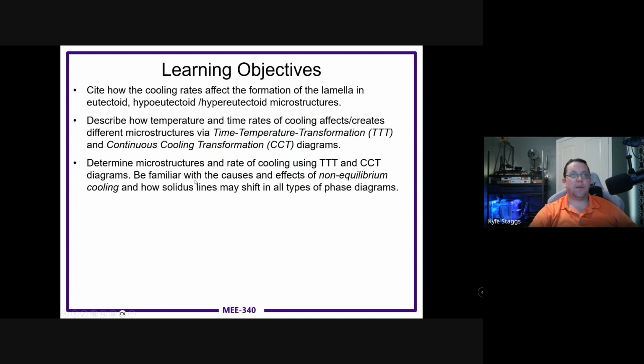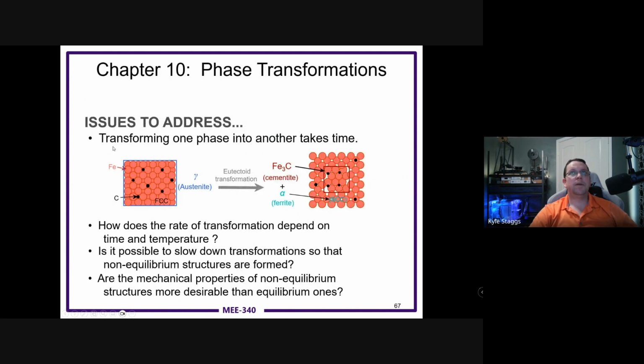In terms of tests and quizzes, make sure that you're familiar with the effects of non-equilibrated cooling, and how that solidus line might shift in a phase diagram. There's a couple things to keep in mind in terms of additional issues.